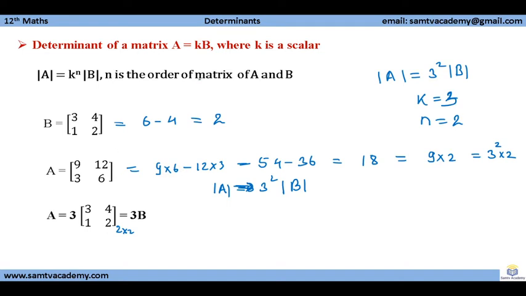So this is verified. We will see this in the properties also, because it is used there.